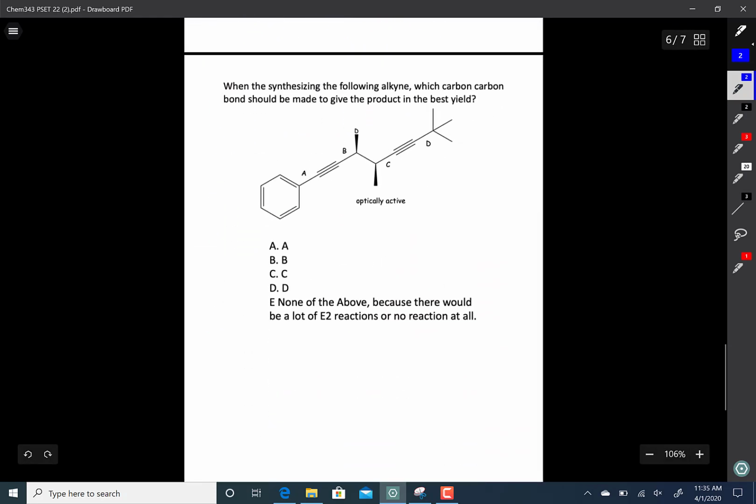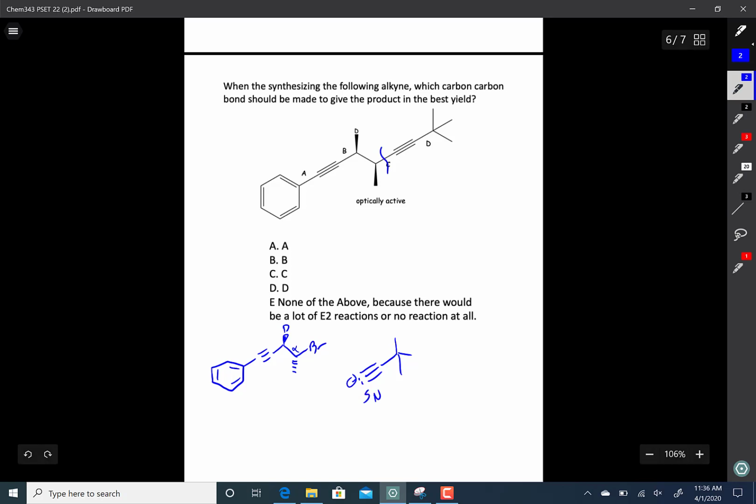Let's take a look at C. We're making C. Bromide goes there. Carbanion goes there. Here's your alpha carbon. So in an SN2 reaction, we want to invert the alpha carbon, so we make that into a dash.